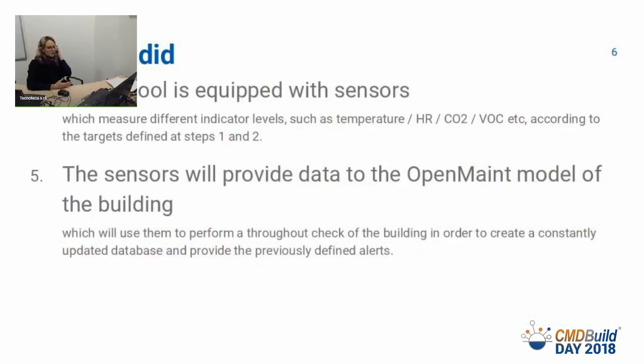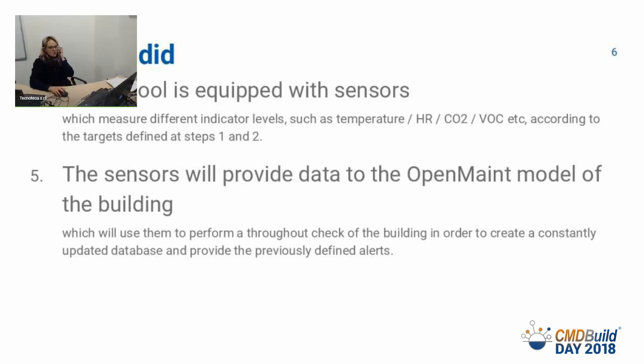So after this, the school is equipped with sensors which provide indications of levels of temperature, relative humidity, CO2, VOC, etc., according to what we want to measure as defined at steps 1 and 2. These sensors will provide data to the openMAINT model of the building, which will use them to perform a thorough check of the building in order to create a constantly updated database and provide the previously defined alerts.